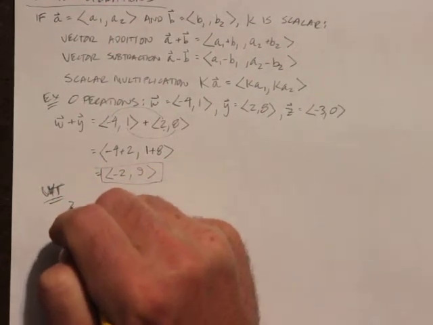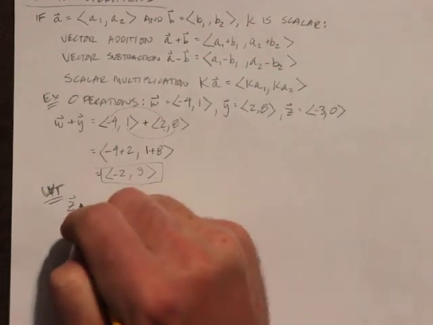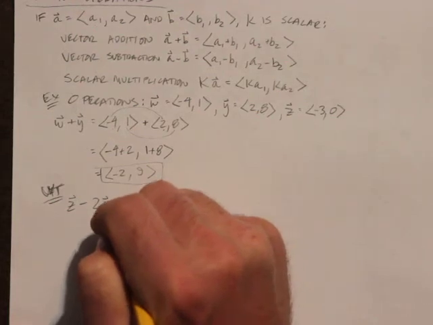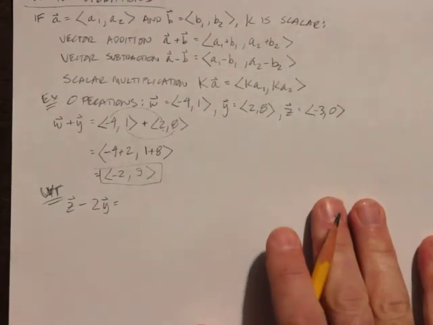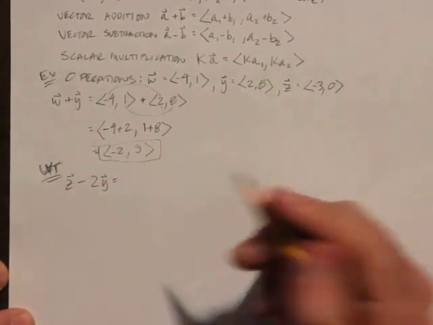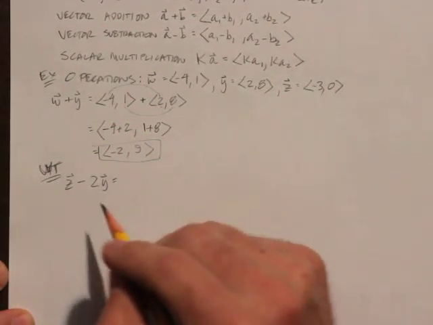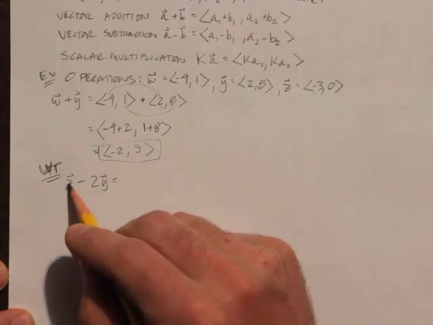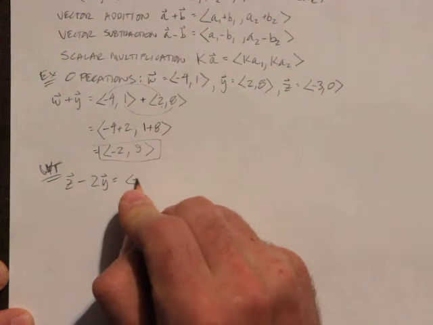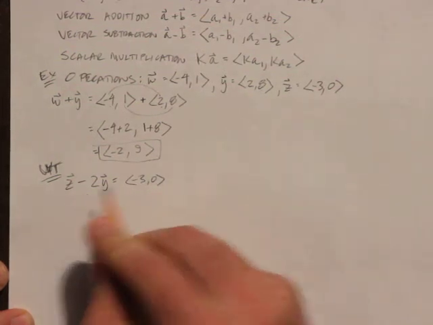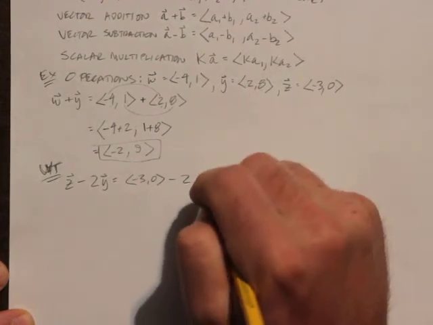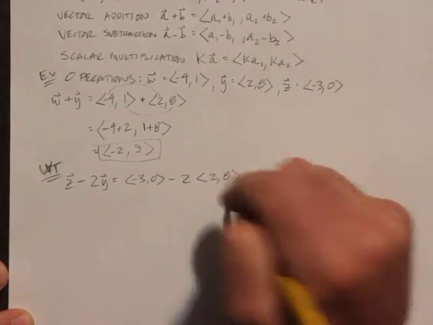I've got vector Z minus 2 times vector Y. So let's see how this works. Z is -3, 0, minus 2 times vector Y, which is 2, 8.